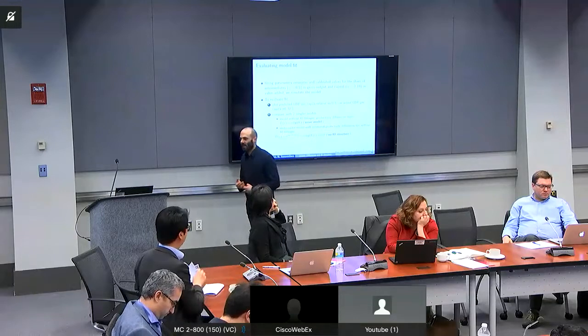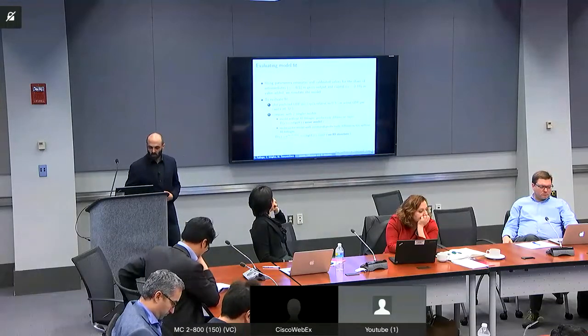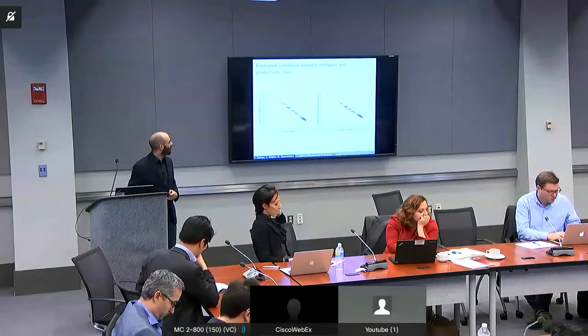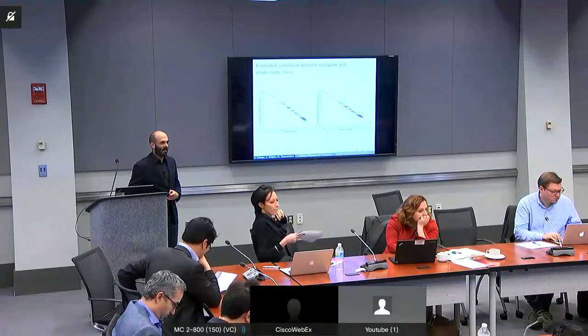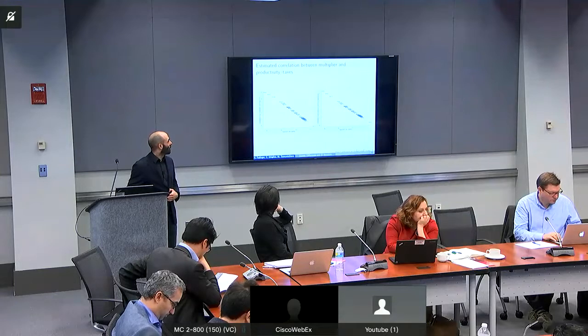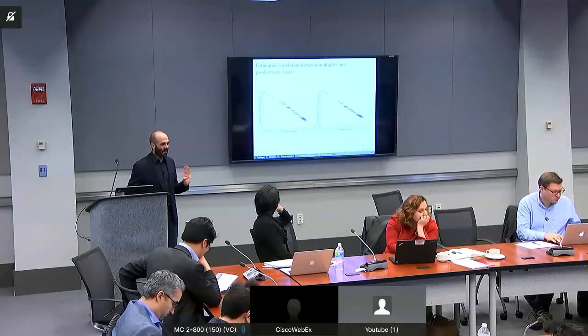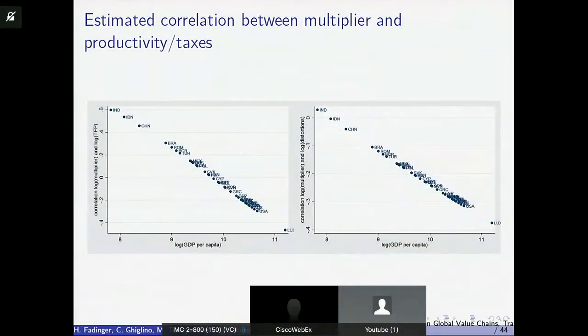But that should actually lead to a positive correlation between multipliers and productivity, right? But that positive correlation should be there for all countries, provided that the elasticity of substitution is the same, okay? So it's kind of hard to reconcile with this picture where this correlation is not the same for all countries.